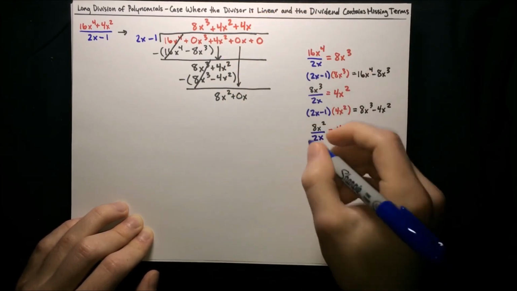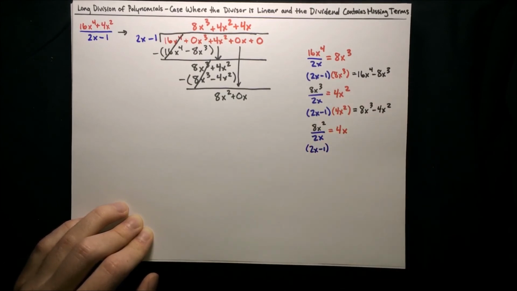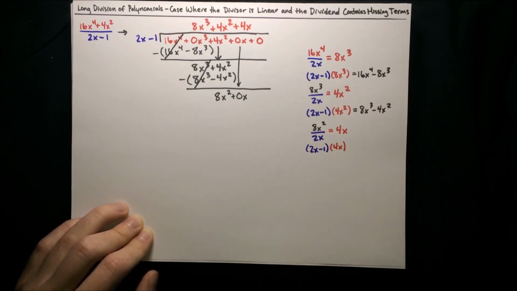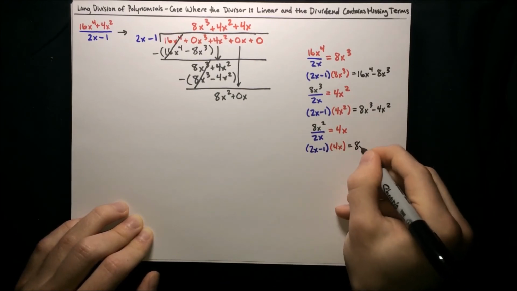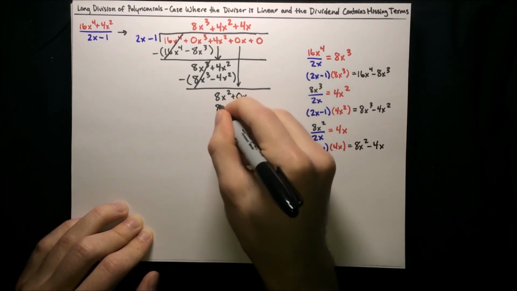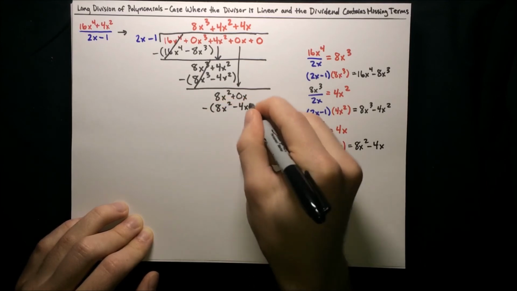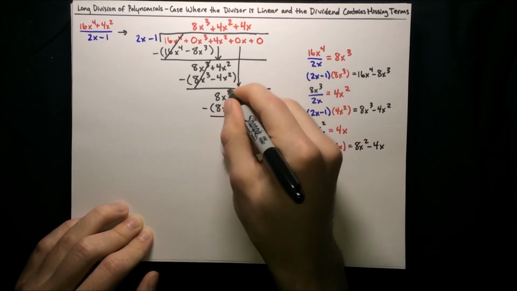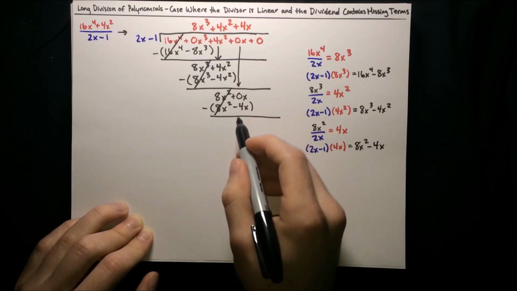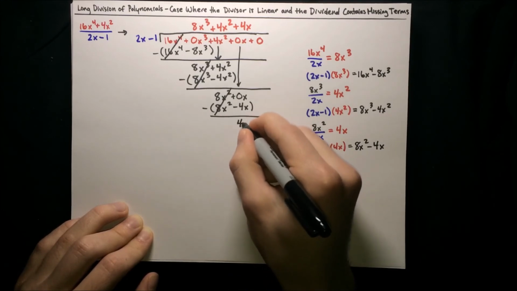And to figure out what our next row is, take our divisor, 2x minus 1, multiply it by that result of 4x, and we get 8x squared minus 4x. So we'll put that 8x squared minus 4x below here, subtract, 8x squareds cancel, good, and then 0x minus negative 4x is just plus 4x.